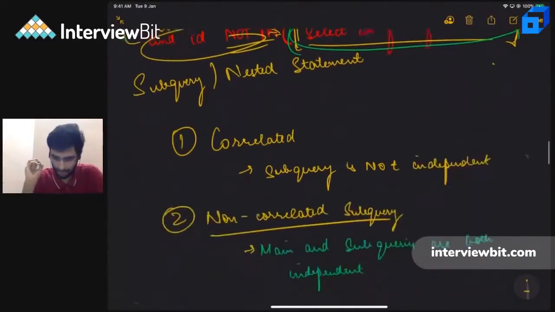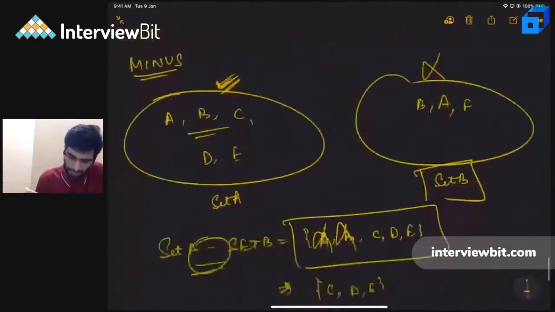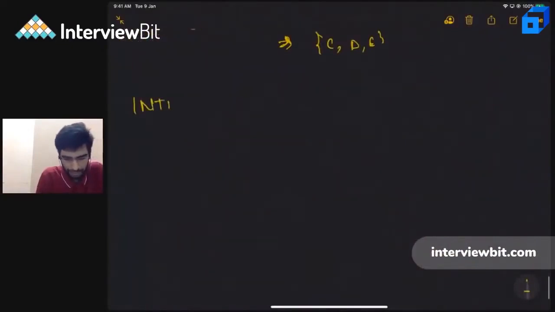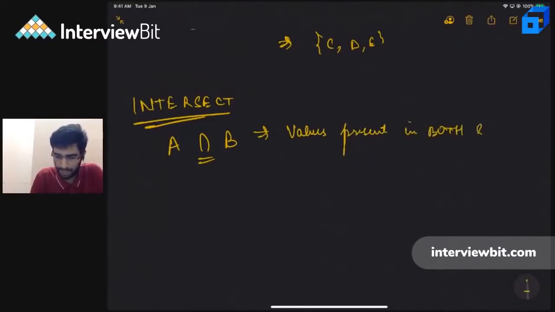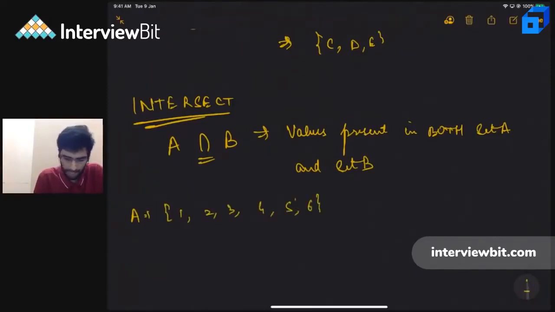And then what is intersect? Intersect is also a set function, and intersect between a set A and a set B is represented by an inverted U sign, and it returns values present in both set A and set B. So let us say that set A had the values 1, 2, 3, 4, 5, and 6, and set B had the values 2, 4, 6, 8.